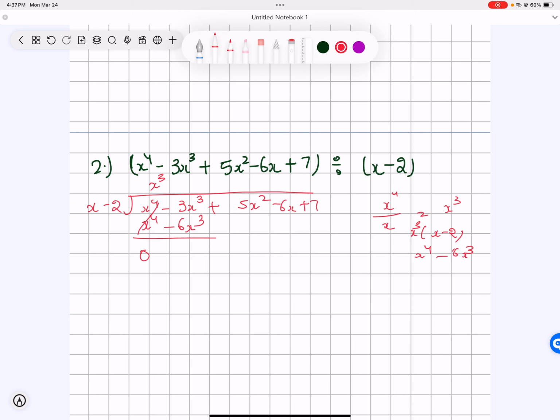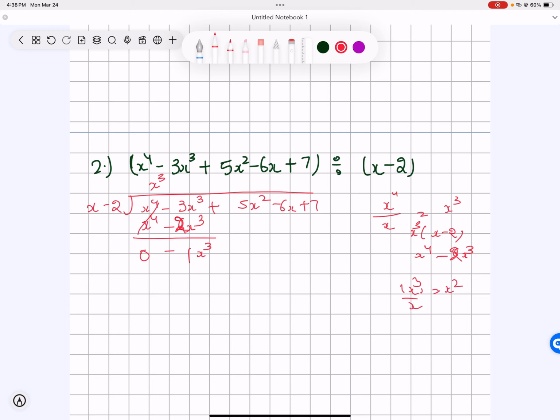I will get x to the 2 here. Oh my god, I don't know what is wrong with me. This is going to be 2, and then I get my answer as minus 1 cube root. Then I divide minus 1x cube into x is gonna give me x squared.